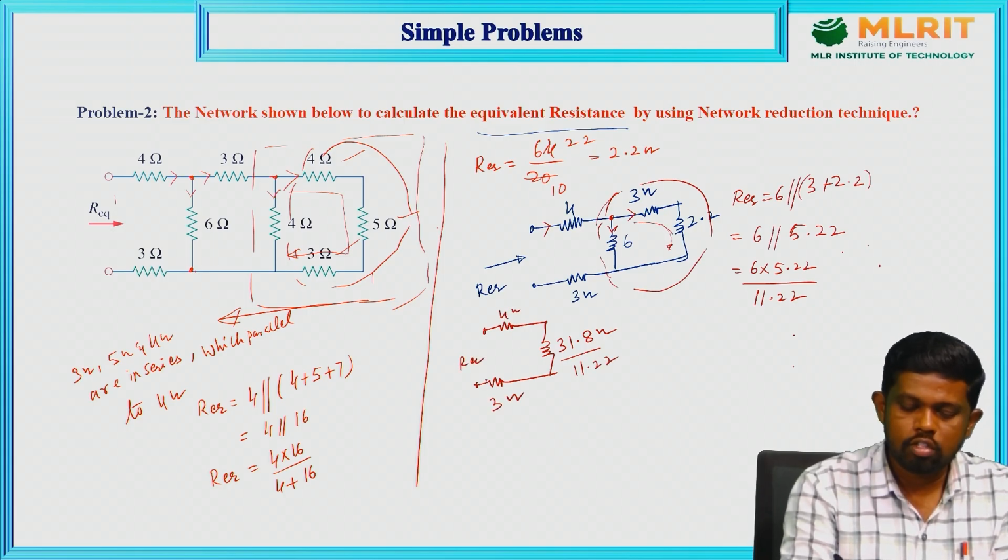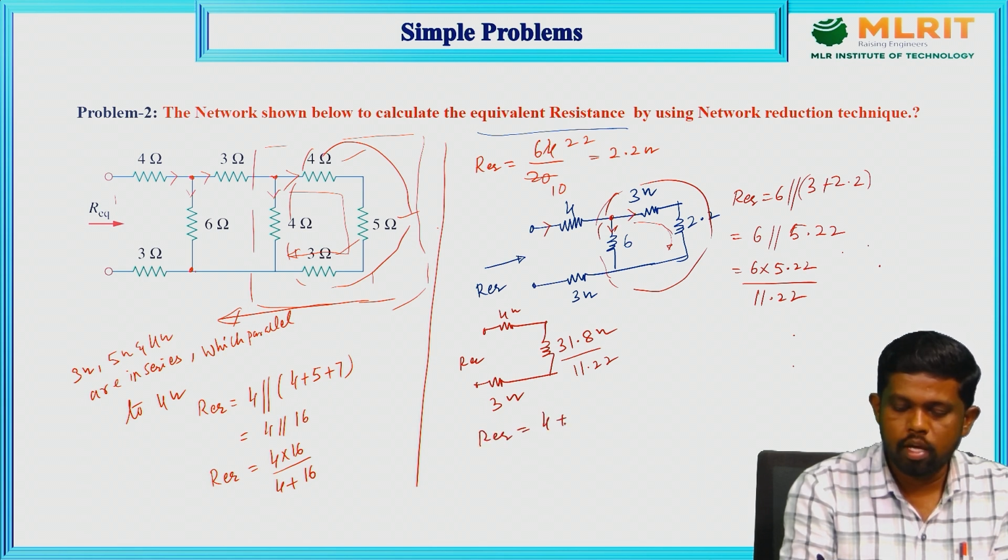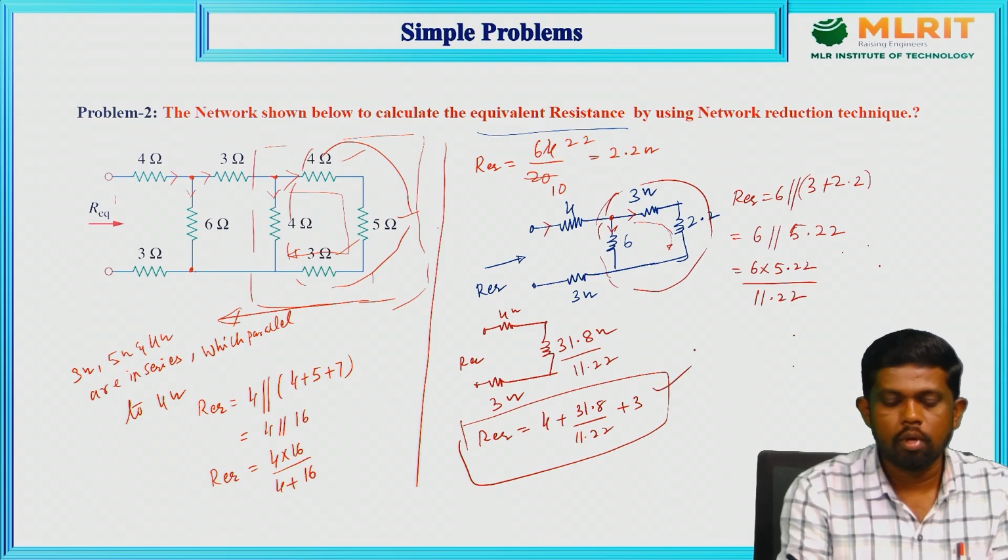So the effective resistance of the above combination is 4 plus 31.8 upon 11.22 plus 3 ohms. Whatever resultant value we get, that is the answer for this question.